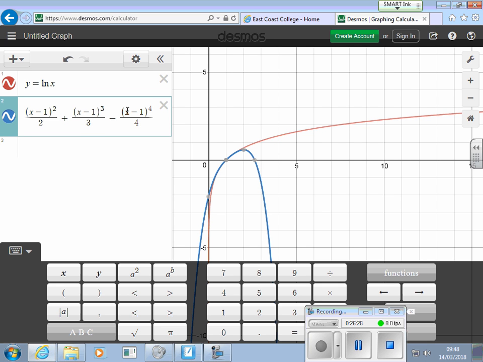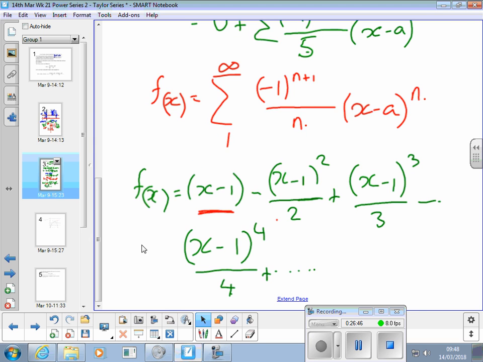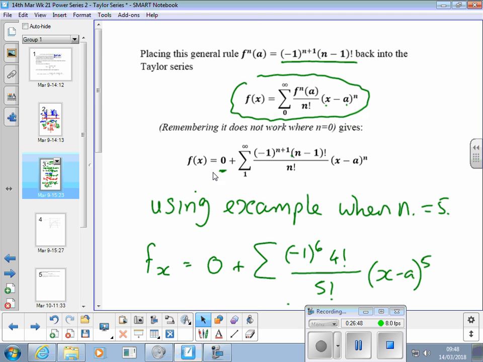So it fits the function around that point, and the more terms, the closer it becomes to the actual function. Knowing that, if we go back here and use the infinite series, then it's a perfect fit.